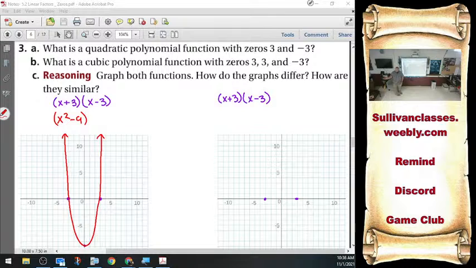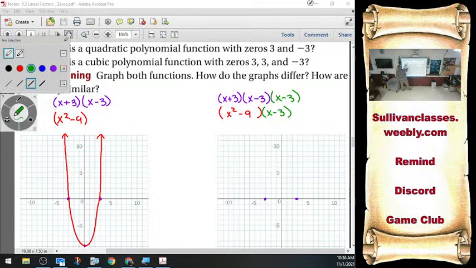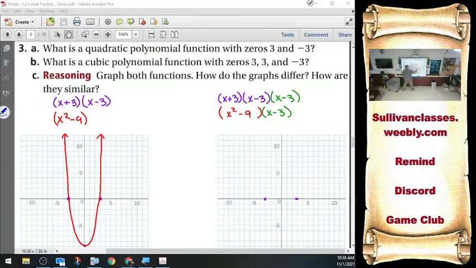Contestant 1, just a straight up quadratic. The switch with contestant 2 says, now it's going to have another one of these. Which changes up how my graph looks.